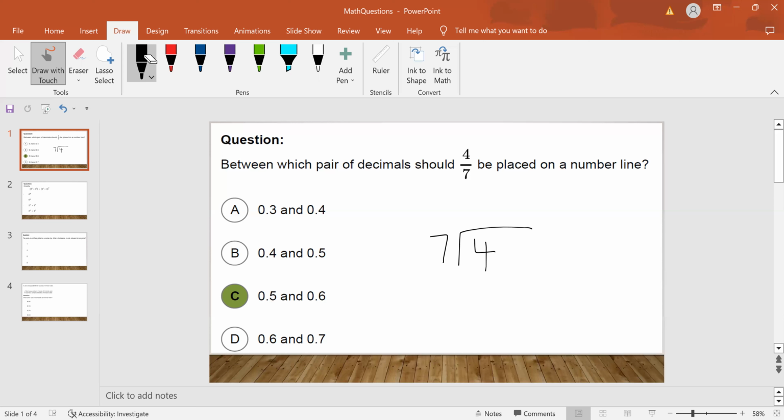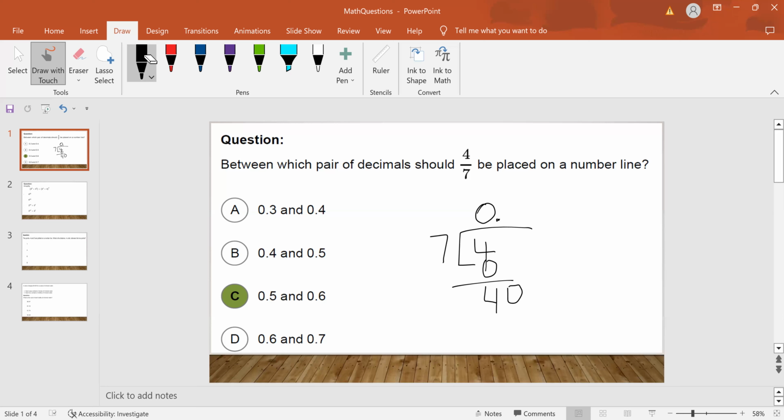So 7 goes into 4, sorry, 7 goes into 4 0 times. So 0 times 7 is 0, and 4 minus 0 is 4. Now we place 0 on the side of 4, so we have 40.